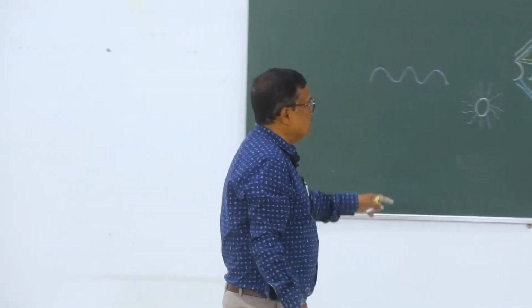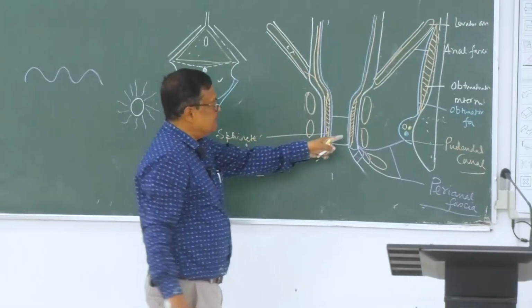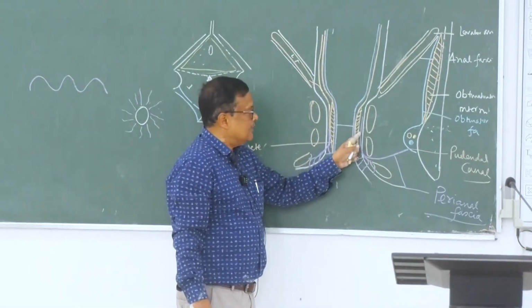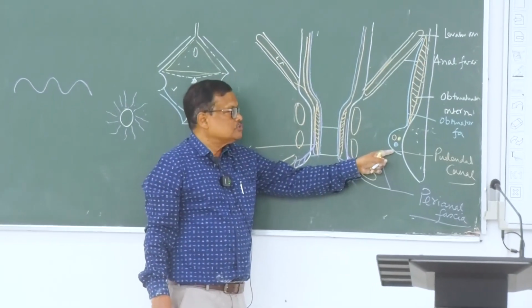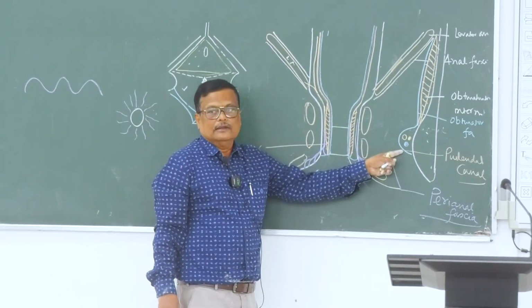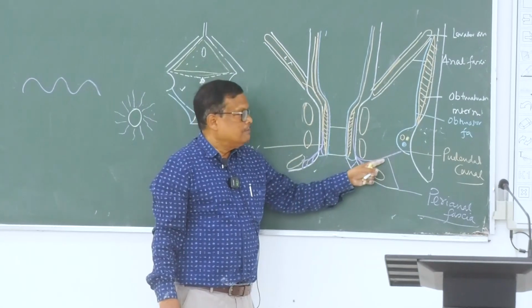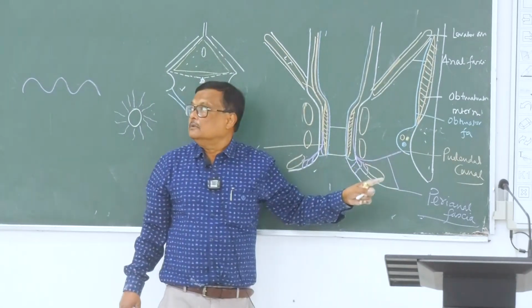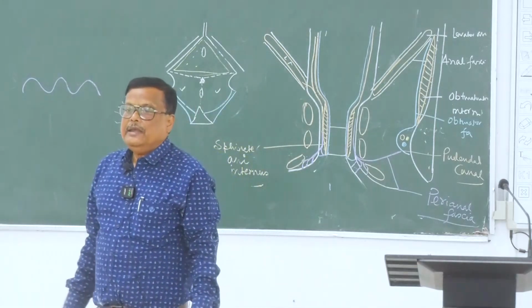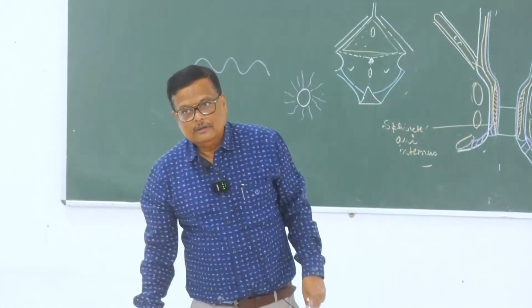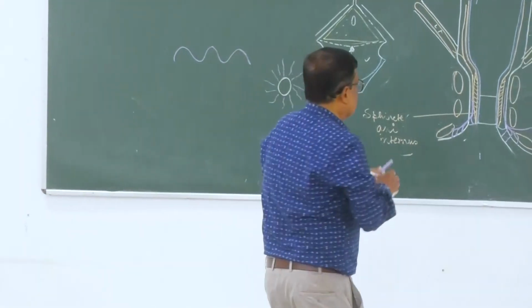Perianal fascia is nothing but the fibroelastic septa from the longitudinal muscle of the anal canal and levator ani goes laterally to attach to the fascia covering the pudendal canal. So it is known as the perianal fascia. শেষ হলো না, প্রায় শেষ.